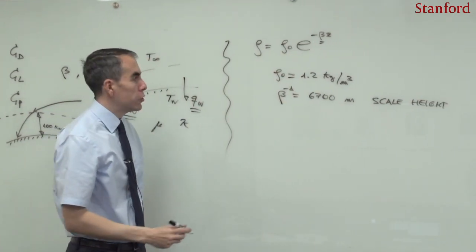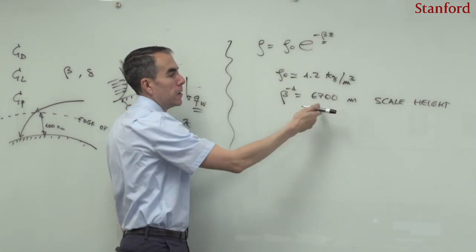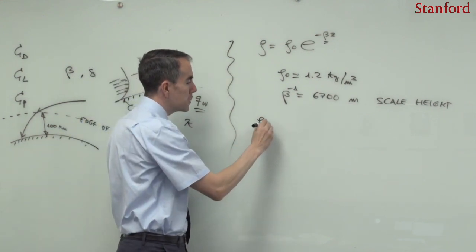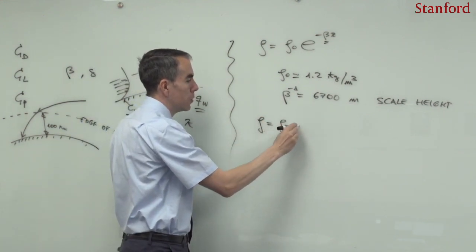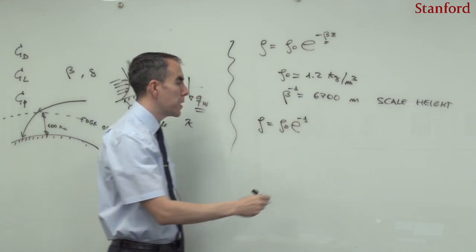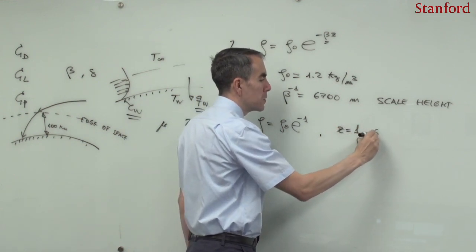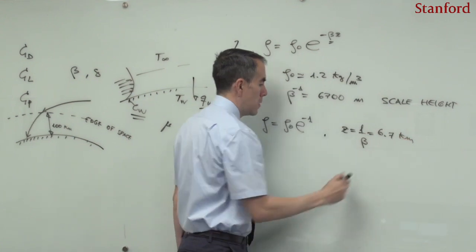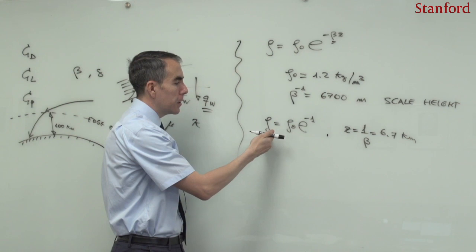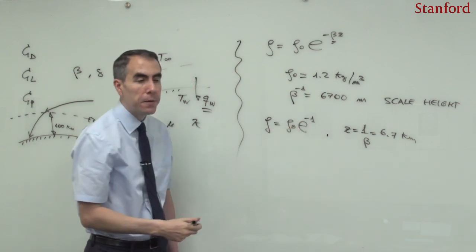So it is important to notice, for instance, that when one evaluates this profile at 6.7 kilometers of altitude, one obtains that rho is equal to rho naught multiplied by the inverse of the exponential. So this will be at an altitude of 1 over beta, which is 6.7 kilometers. At 6.7 kilometers, the density is the sea level density multiplied by the exponential to the minus 1.